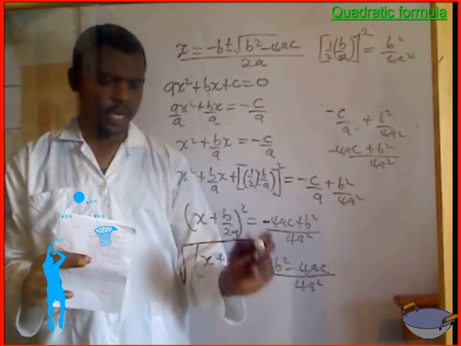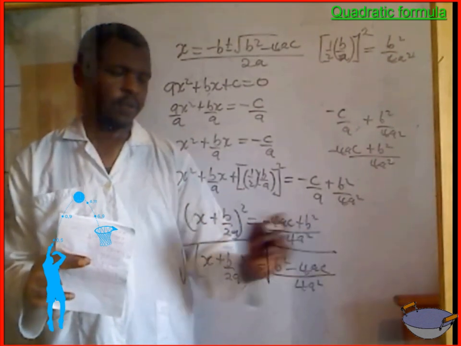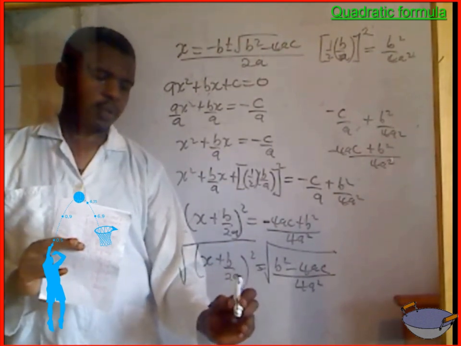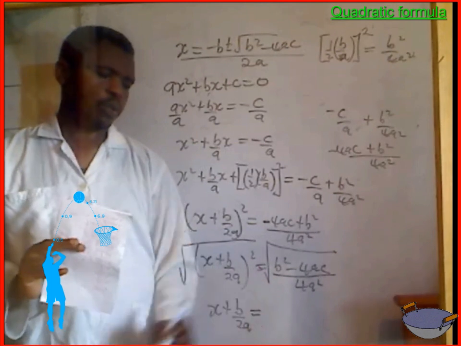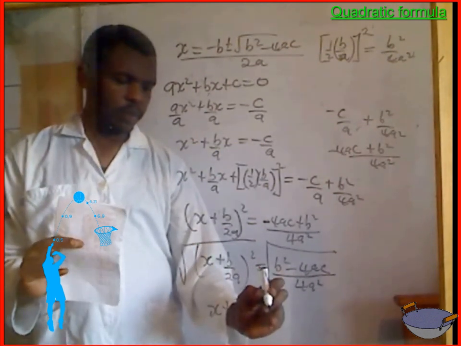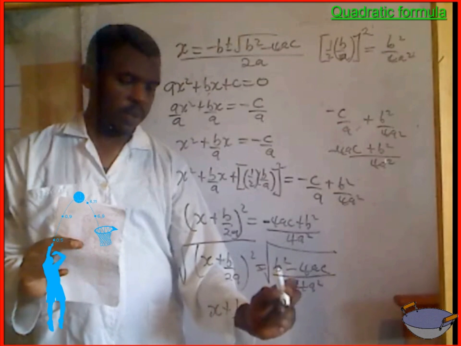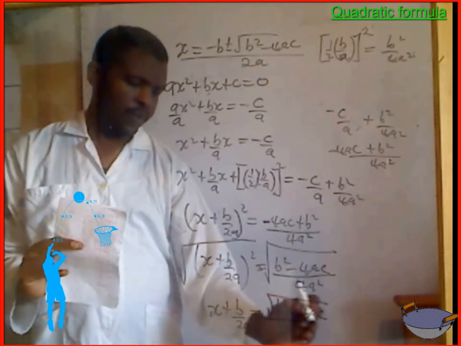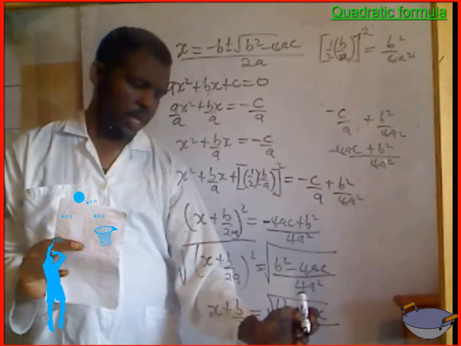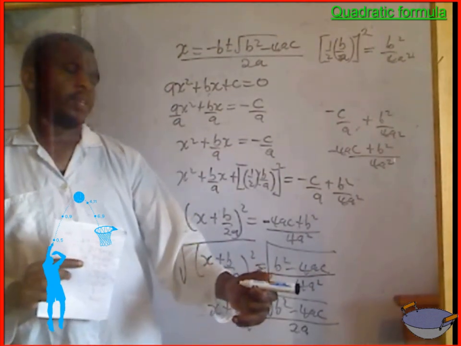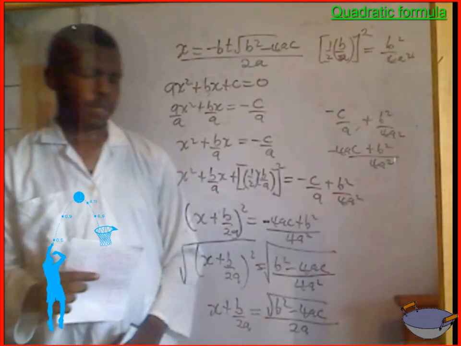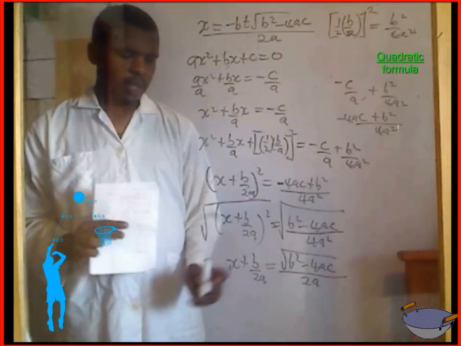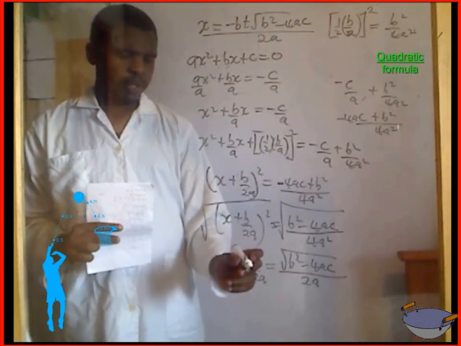The next thing, I take square root of both sides. Take square root of this side and square root of the other side. This gives me x plus b all over 2a is equal to the square root of b squared minus 4ac divided by 2a, because I can get the square root of 4a squared, which is a perfect number. I take b all over 2a the other way.